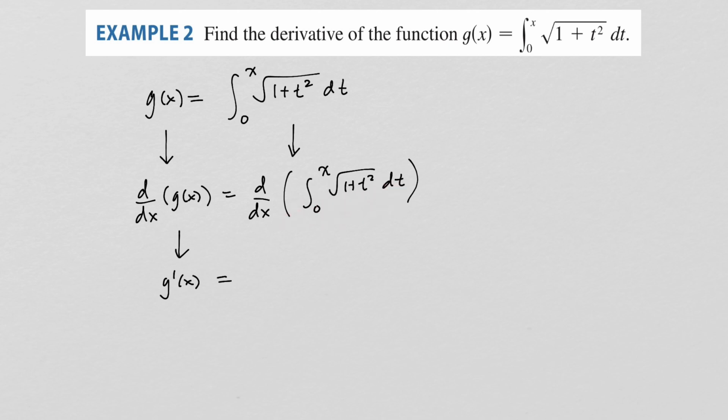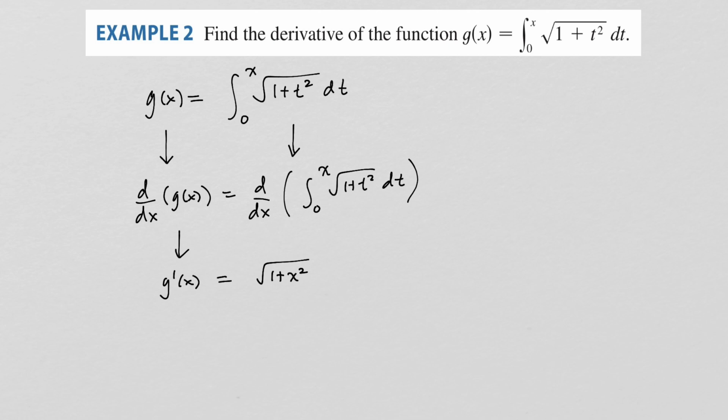Well, remember, the fundamental theorem of calculus says that if you define g of x to be the integral from 0 to x of some function, the derivative of that should just be this function, but it's evaluated at x instead of t. So what we get here is the square root of 1 plus x squared, right?